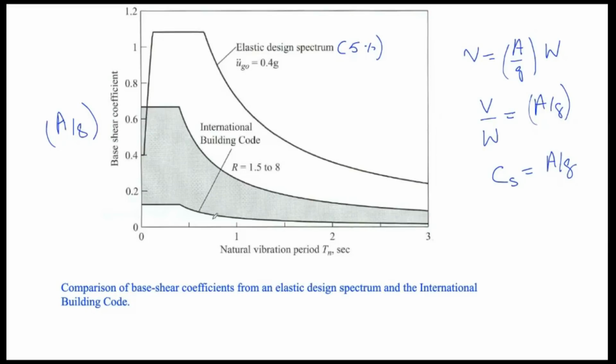Okay, and there's a way to calculate the base shear coefficient, given in the code, and always you will see that in Cs there is the role of the response modification factor, the R factor. For some buildings the R factor can be smaller, like 1.5, but for other ductile structures this value can be even higher, up to 8. For example, the steel frame and the special moment resisting frame.